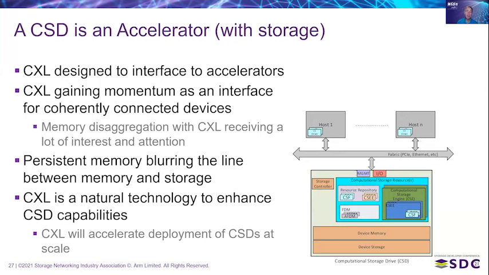So over here on the right-hand side is this architecture diagram from the computational storage architecture spec again. And what I want to point out is that there's nothing in the diagram or in the spec for that matter that precludes the use of CXL as the fabric. In fact, the architecture document is very fabric agnostic. It uses the word fabric in the gray that's connecting the computational storage drive to the hosts depicted in the diagram.